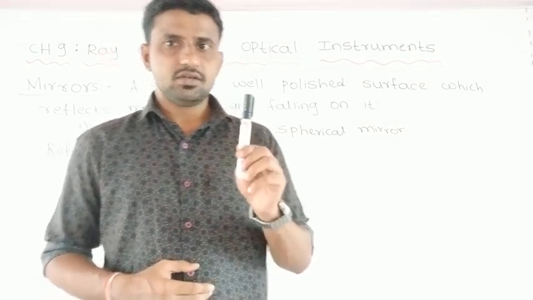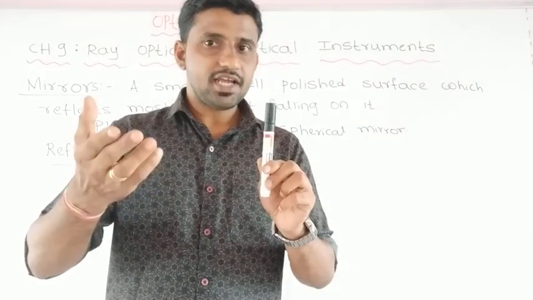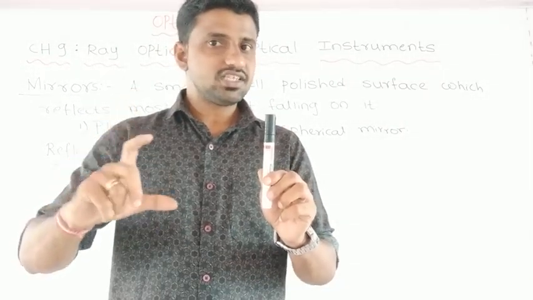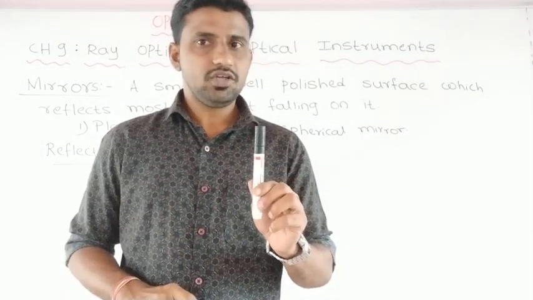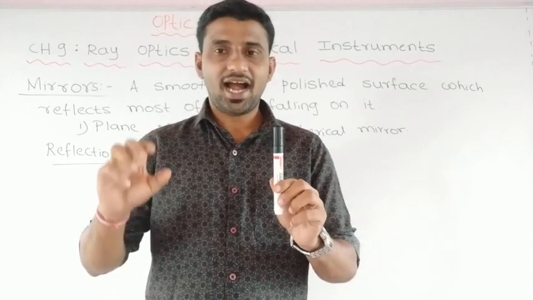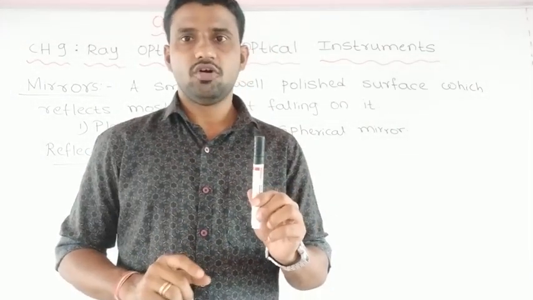When I place this object in front of the plane mirror, I will get the image of this object, and the size of that image is the same as the size of the object, and also the height of the image is the same as the height of the object.